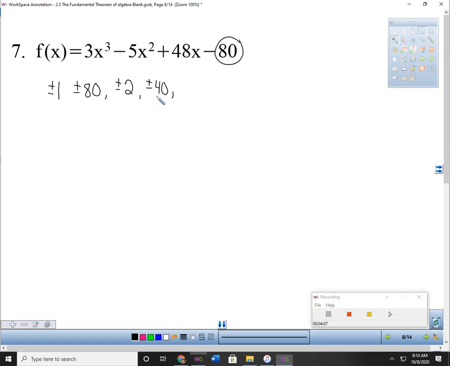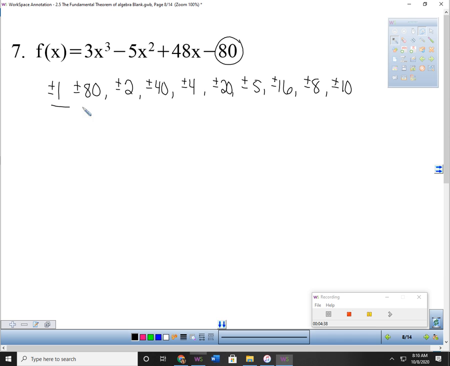Alright, it doesn't divide by 3, but it will divide by 4, so 4 and 20. It does divide by 5, 5 and 16. It doesn't divide by 6, doesn't divide by 7, 8 and 10. And then the only thing between 8 and 10 would be 9, and it doesn't divide by 9.